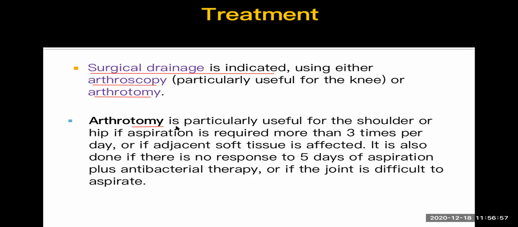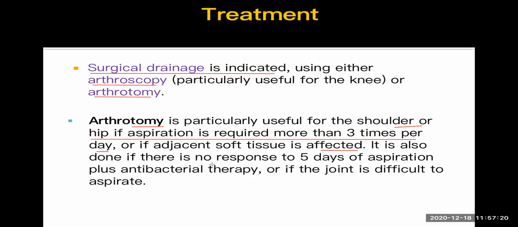Arthrotomy is particularly useful for the shoulder or hip, if aspiration is required more than 3 times per day, or if adjacent soft tissue is affected. So this is one of the indications. If you have to repeatedly go for aspiration of the joint, then why don't you straight away go for arthrotomy? That is the concept.